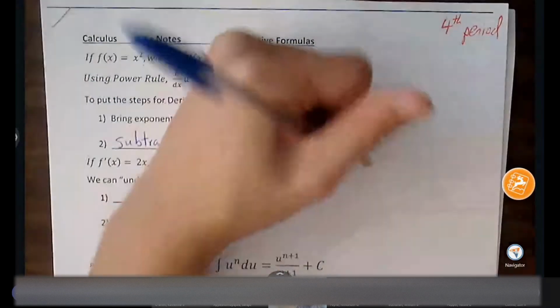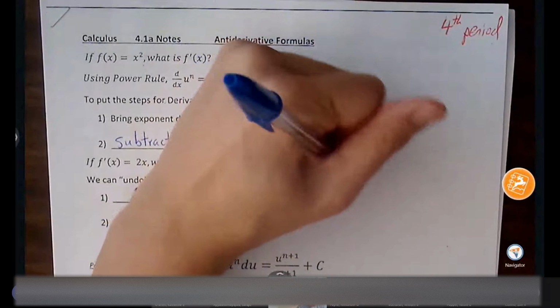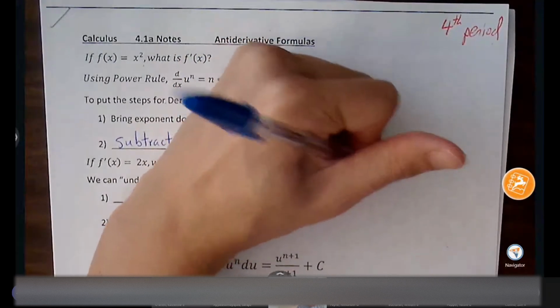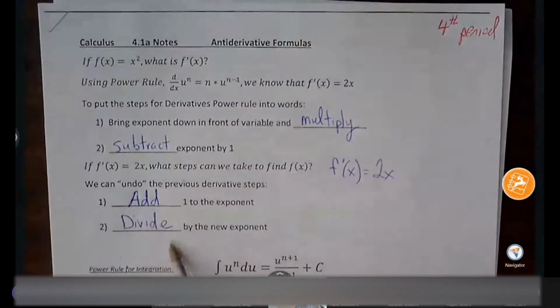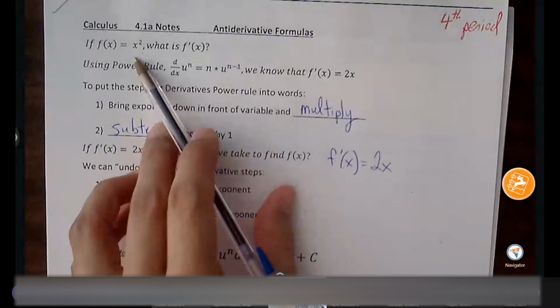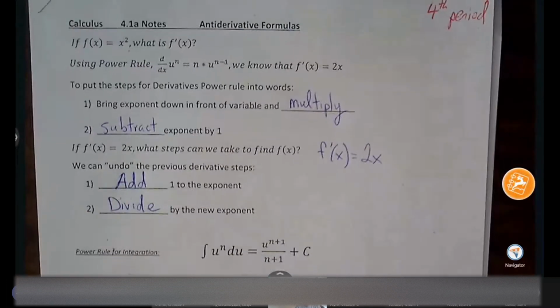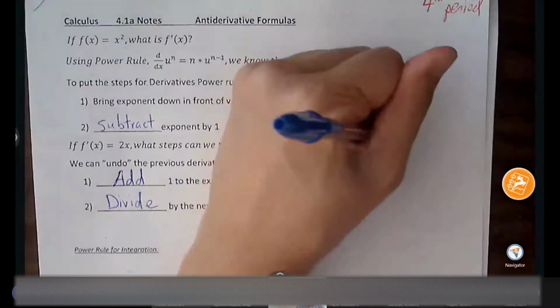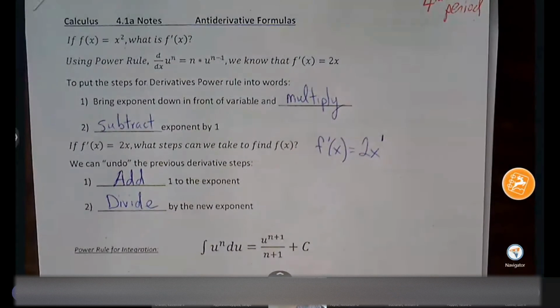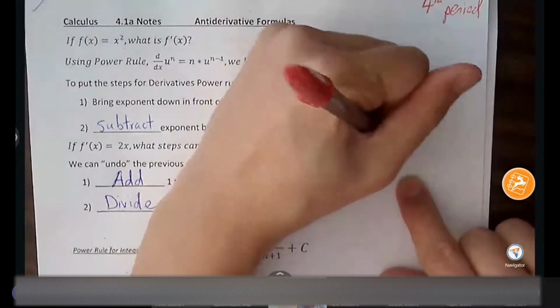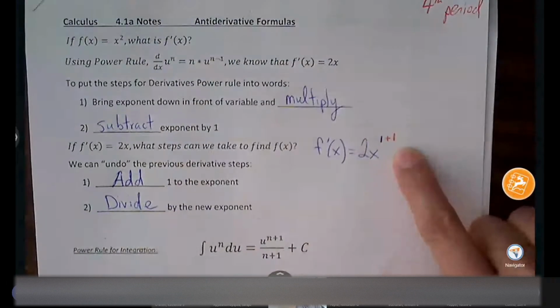Okay, so let me just show you what that looks like. If I'm starting at f prime, I should be able to make my way back up to x squared. So we're going to add 1 to the exponent. Right now, 2x is sitting at a degree of 1. So if I add 1 to the exponent, I get 1 plus 1, which is 2.